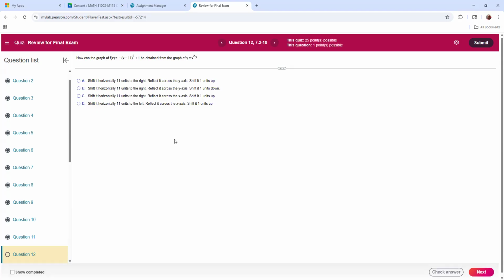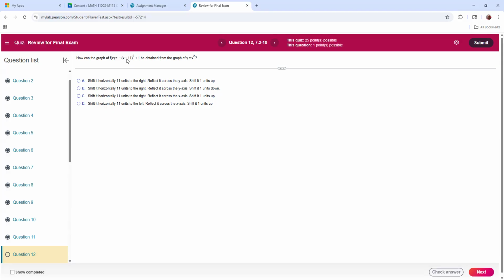All right, now this one is nothing we got to graph. We just got to know what the moves are doing to it. So shifting it horizontally. So since they're looking at horizontally, they're looking at that -11 inside the parentheses. Remember, it's got to be inside the parentheses to move me left or right horizontally.